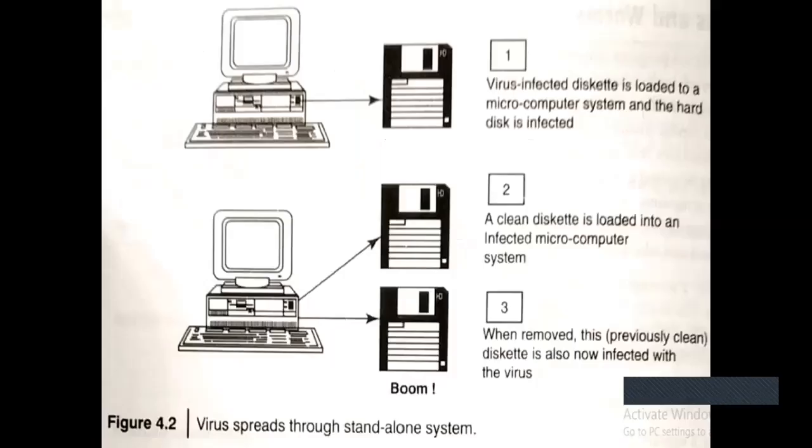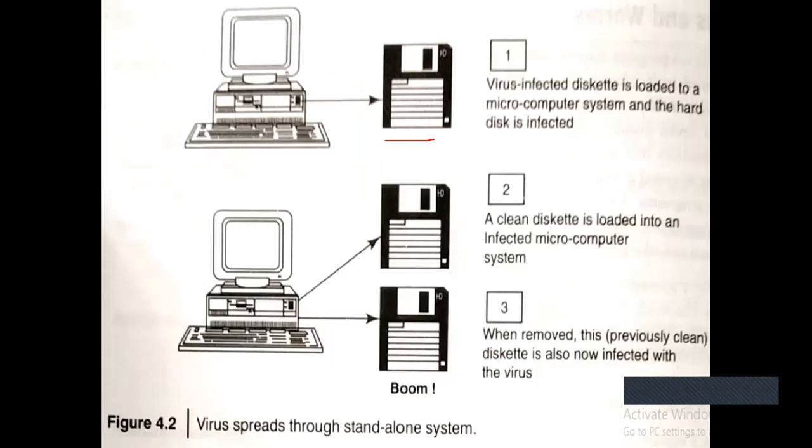Next we'll see virus spread in a standalone system. Whenever we speak about virus spread through a standalone system, the first thing that comes to mind is floppy disks or CDs. Before it was floppy disks, next came CDs. What happens here is that a virus-infected floppy disk is loaded in the computer.